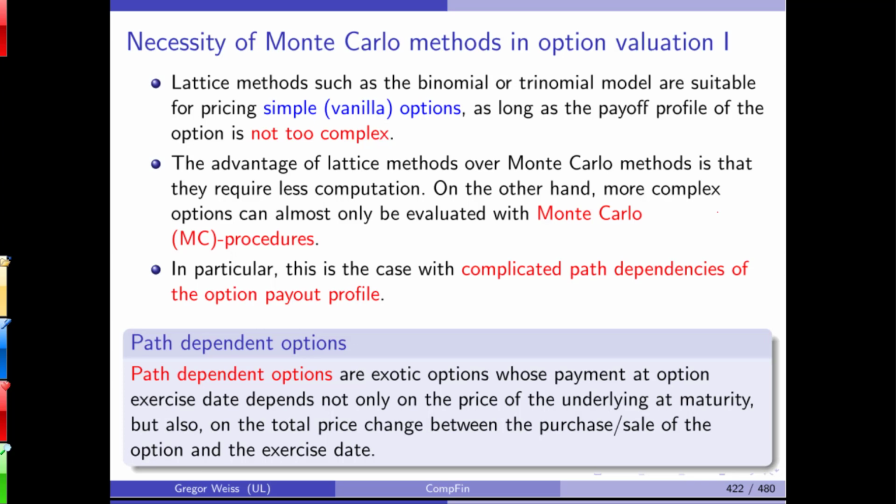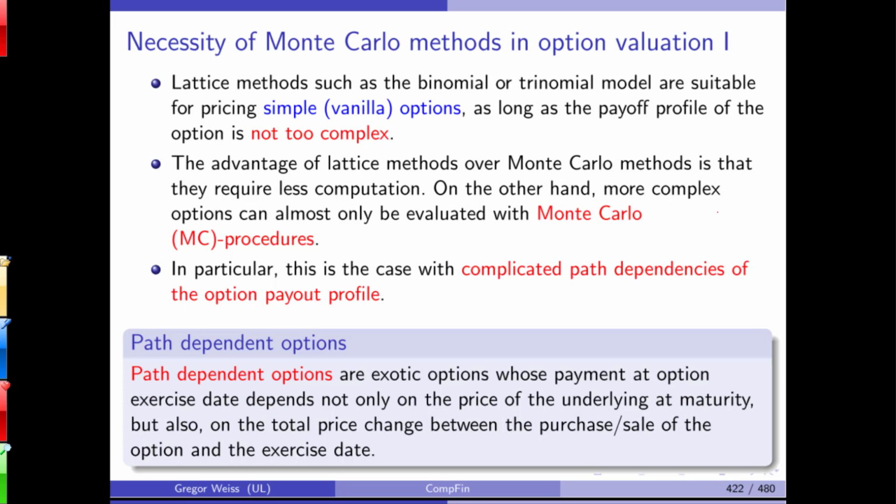And here Monte Carlo simulation means that you have a process. You cannot work with the process itself, but you can simulate a path from the process. So you do it, and then you have one potential path of the underlying price.